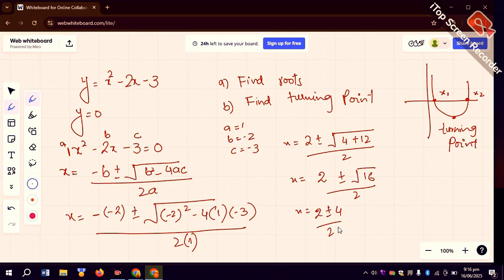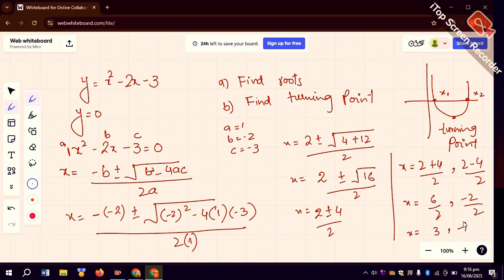Now first you will write it with the positive sign and then with the negative sign. So x is equal to 2 plus 4 over 2 and 2 minus 4 over 2. So x is equal to 6 by 2 and negative 2 by 2. So your roots are 3 and negative 1. This is how you find the roots.